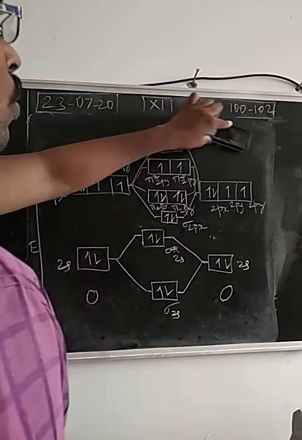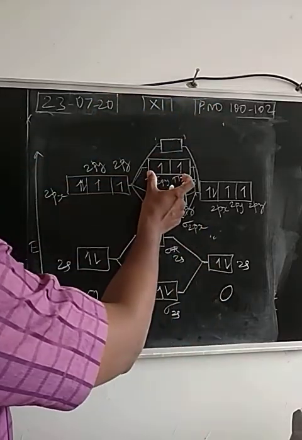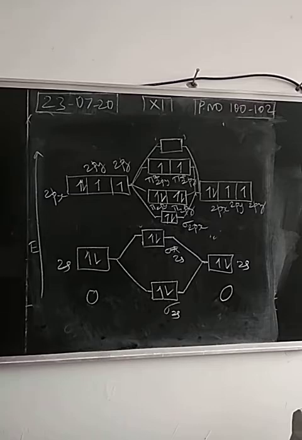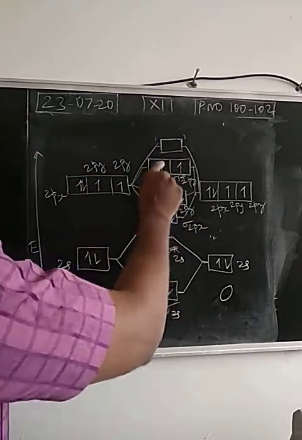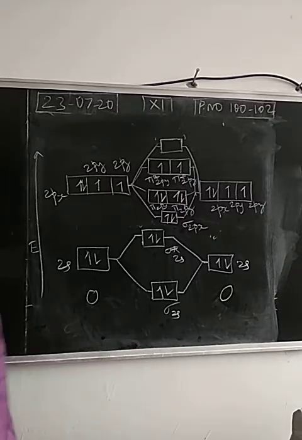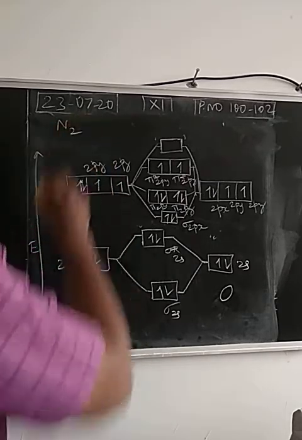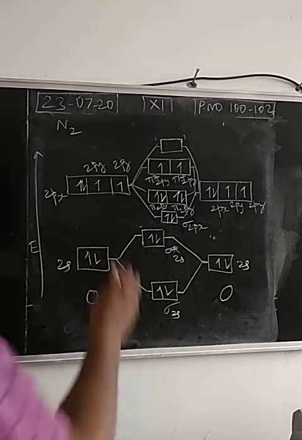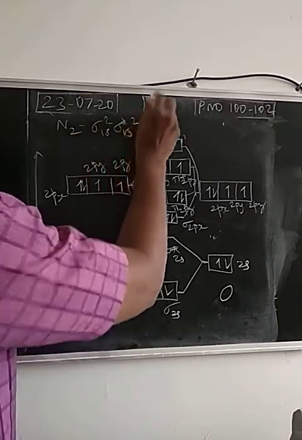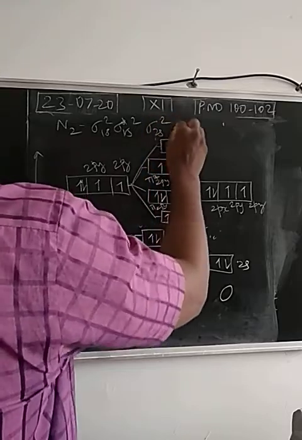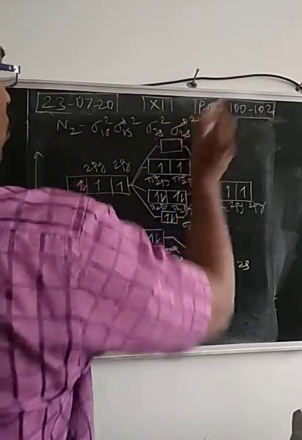According to Hund's rule, if you have degenerate orbitals, first the electrons occupy singly, and only then will pairing take place. So we should not have both electrons in only one orbital. Now we may write the electronic configuration for the molecule as usual: sigma 1s2, sigma star 1s2, sigma 2s2, sigma star 2s2.